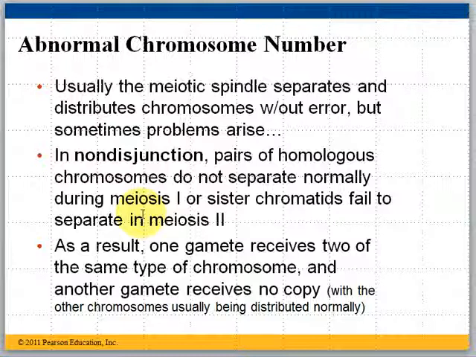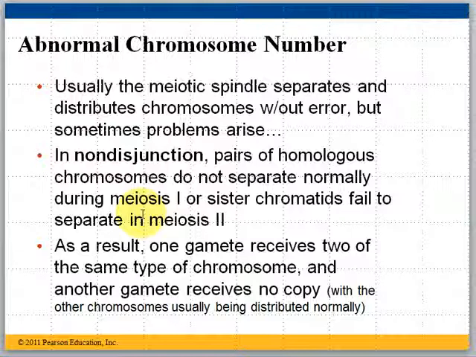Or the sister chromatids may fail to separate in meiosis 2. Again, we're talking about meiosis because we're talking about the creation of gametes, the reproductive cells. In meiosis 2, you have the sister chromatids lined up, and they're supposed to split apart and separate, with the individual chromosomes going to either side.